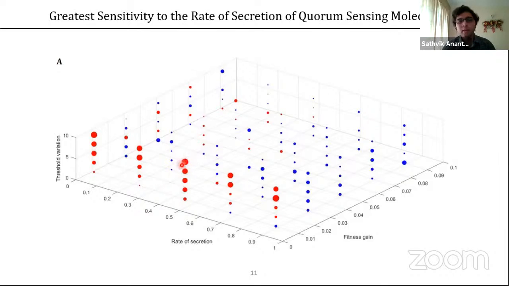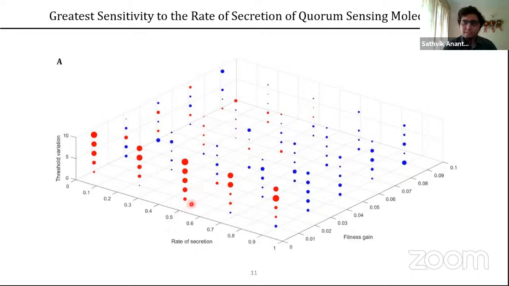For example, a large red circle would indicate that at this parameter set, you get more cell blocks corresponding to the red strain, and there is a fairly large difference between the populations of the red strain and the blue strain. A small blue dot, like here, would indicate that you get more blue cells than red cells, but the difference is not all that significant between the two populations.